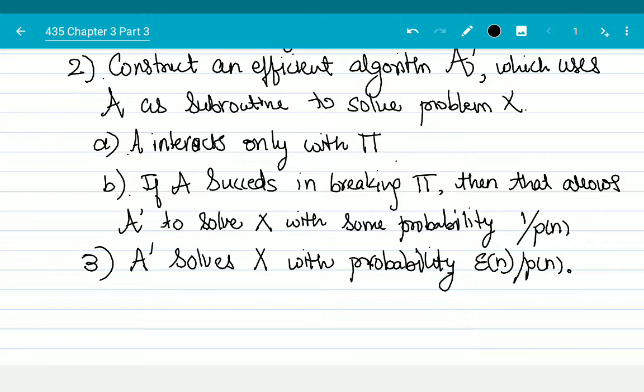So it depends on epsilon being negligible or not.